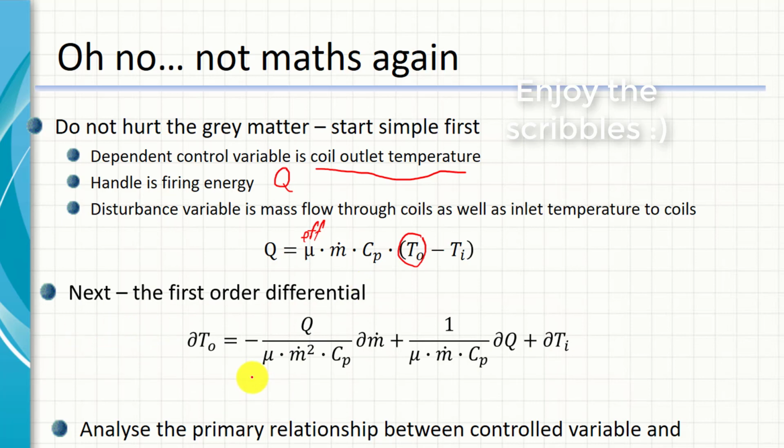So what it's showing you is that there are three components. Increasing the mass flow decreases the outlet temperature. Increasing the energy in increases the temperature, and increasing the inlet temperature increases the outlet temperature.